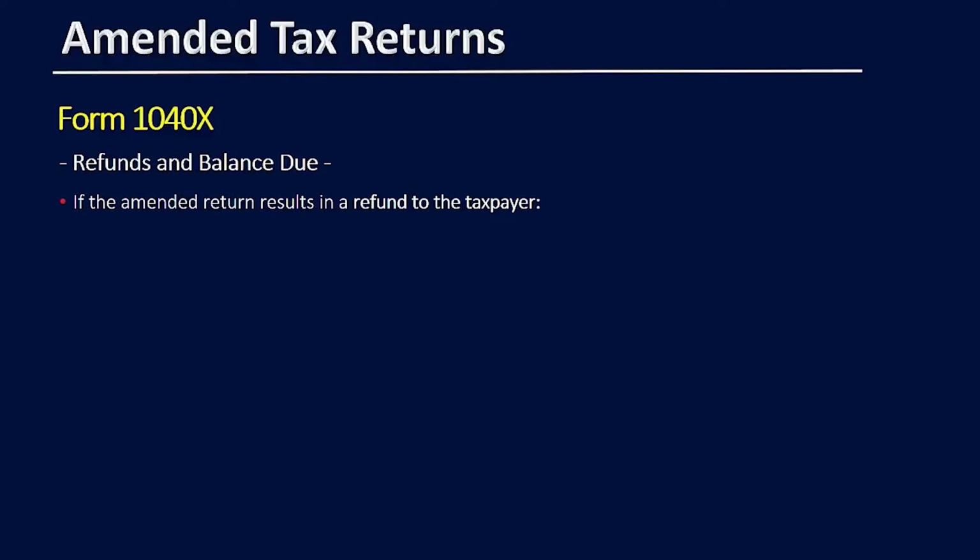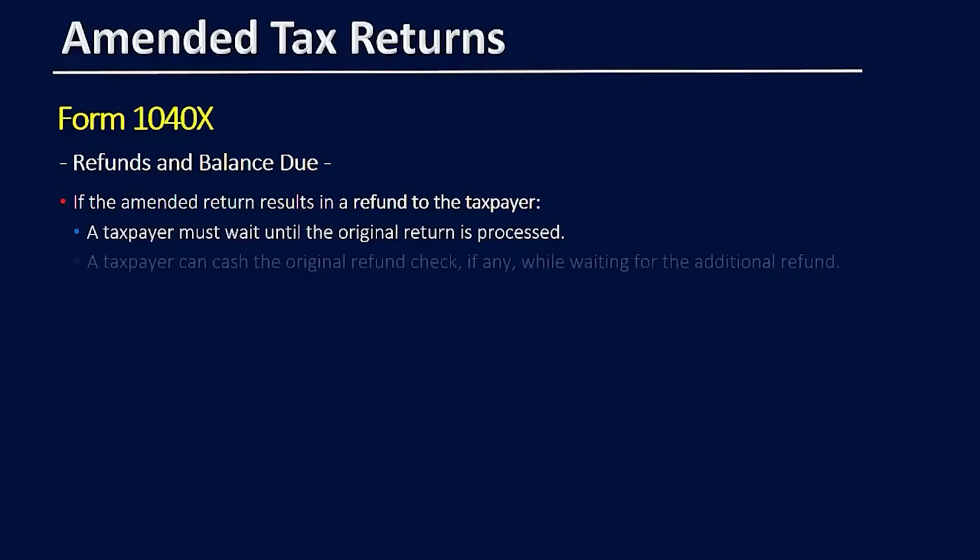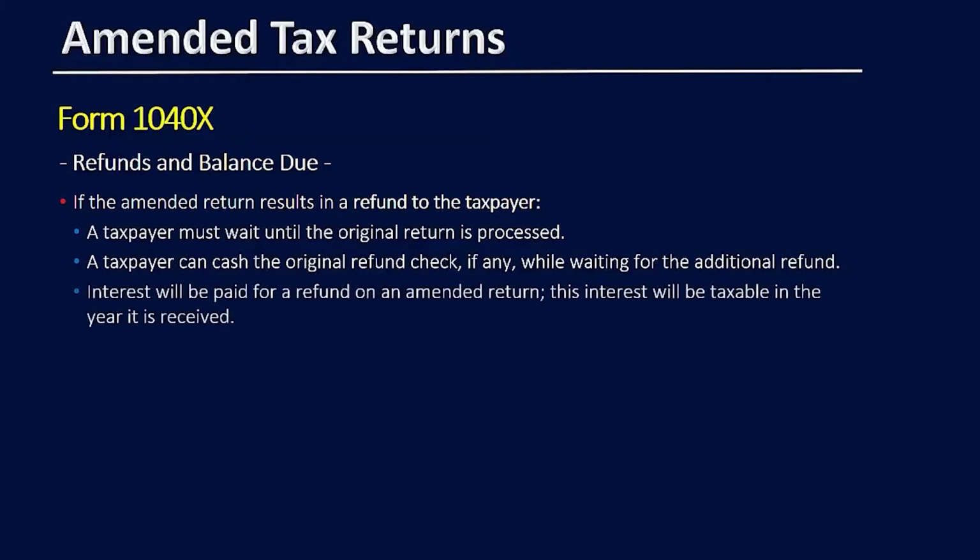On the Form 1040X, if there are any refunds and balance due involved, if the amended return results in a refund, the taxpayer must wait until the original return is processed, or if electronically filed, wait until the return is accepted. A taxpayer can cash the original refund check, if there was any, while waiting for any additional refund.